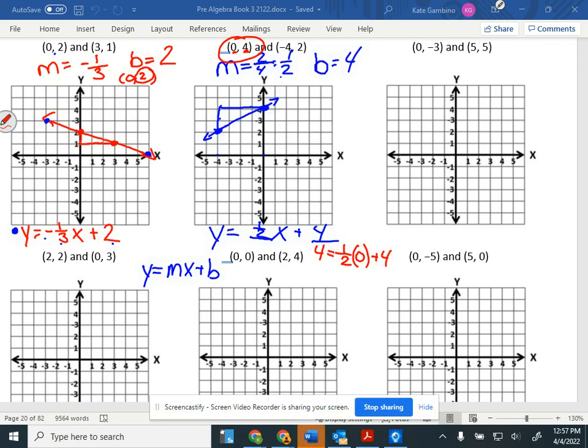So now I have to see, is it a true equation? 4 equals, well, 1/2 times 0 is 0, plus 4. 4 equals 4. It is a true equation. Done. I showed my work. I checked it. It works. If you're really still not sure, put in another ordered pair from your line, and it should be a true equation.